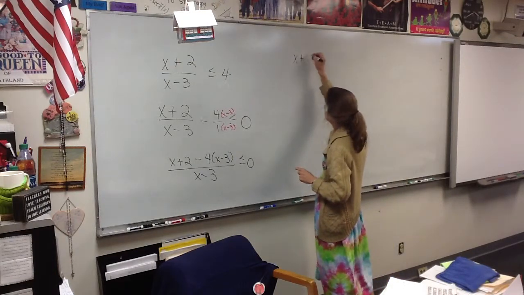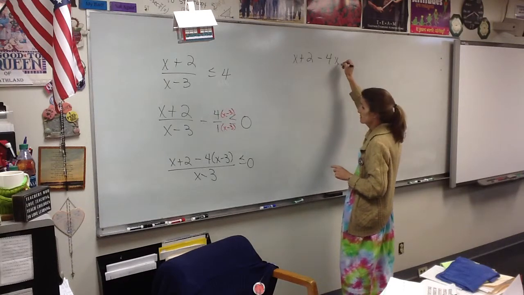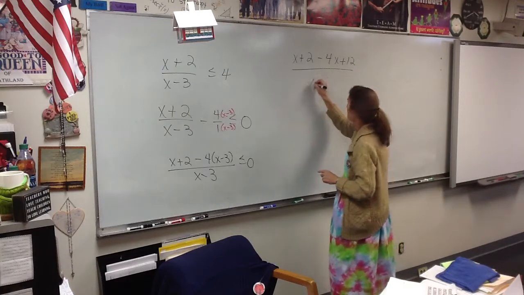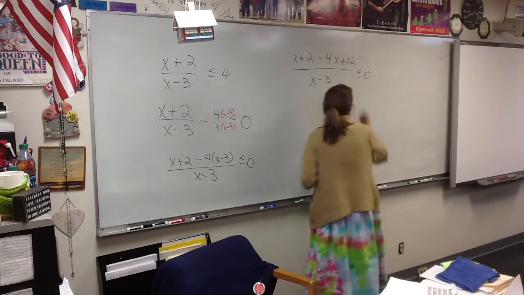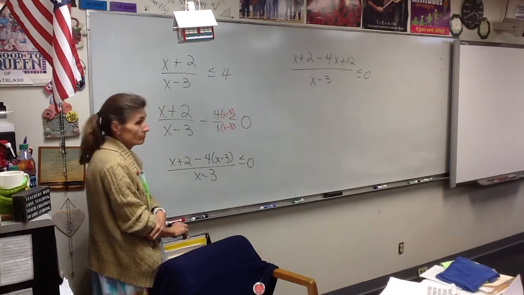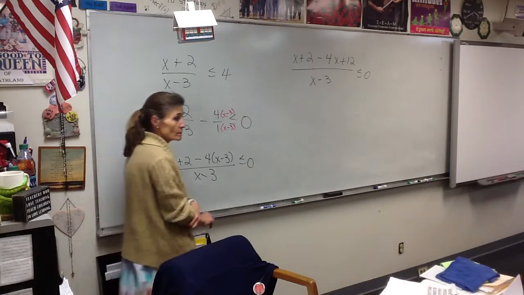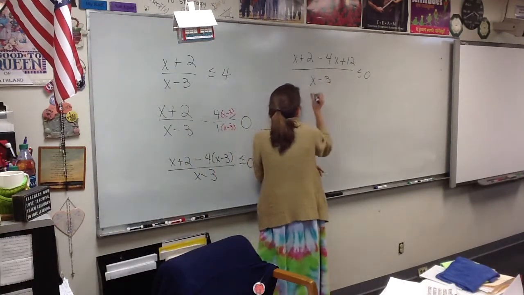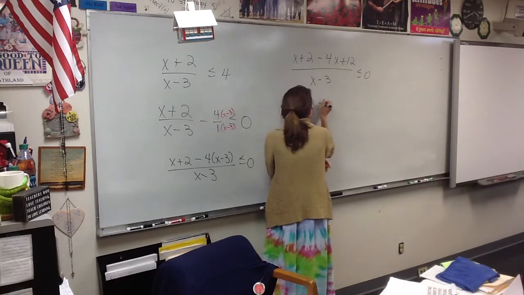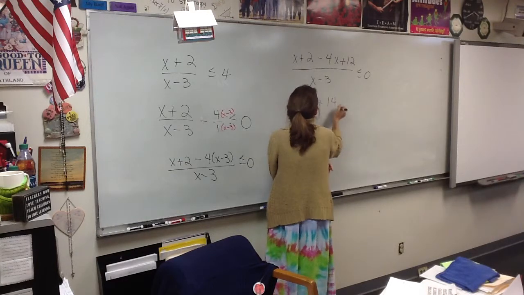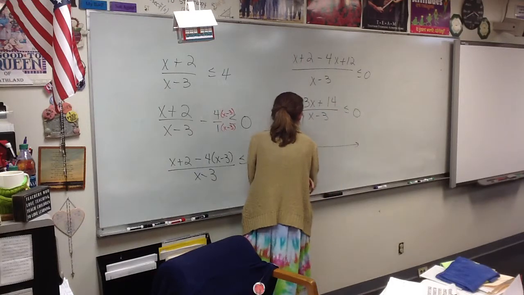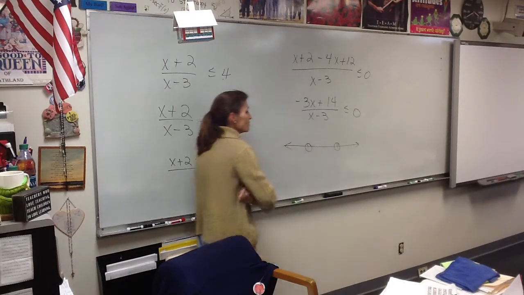X plus 2 minus 4x plus 12. What's that equal? Negative 3x plus 14.